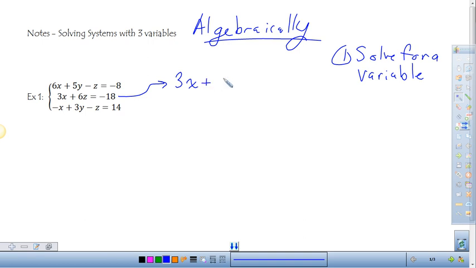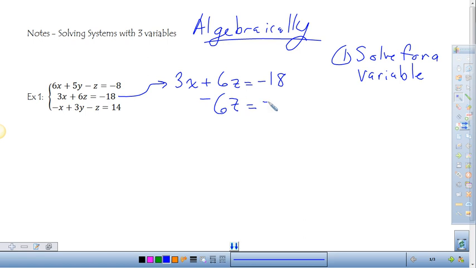I'm going to choose to solve for x, and I'm choosing that because if I solved for z, I'd have to divide by 6, and that would give me a decimal, and I just don't feel like dealing with decimals. But if I solve for x, I'm dividing by 3. 6 and negative 18 are both divisible by 3, so I'll get a nice answer.